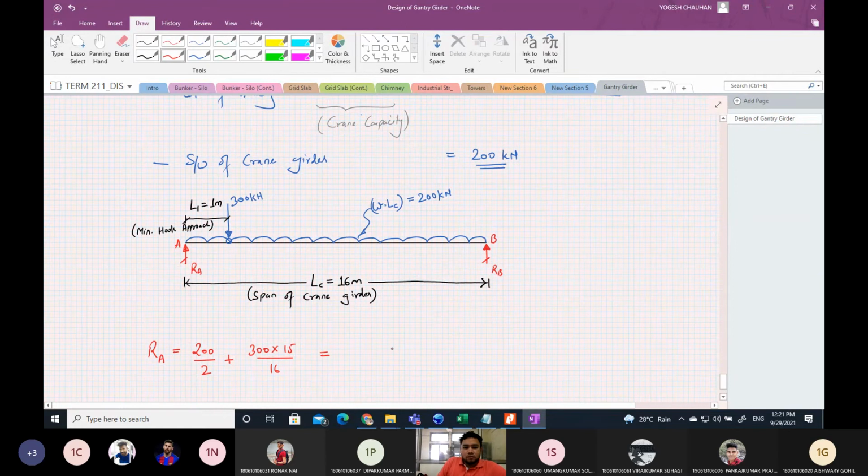So this will give you 100 plus, how much is this value?